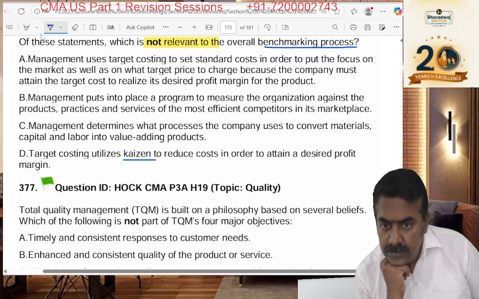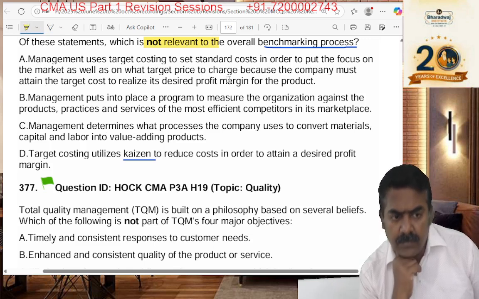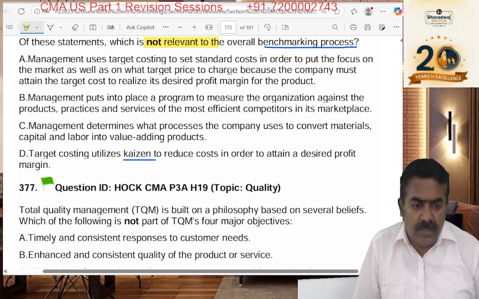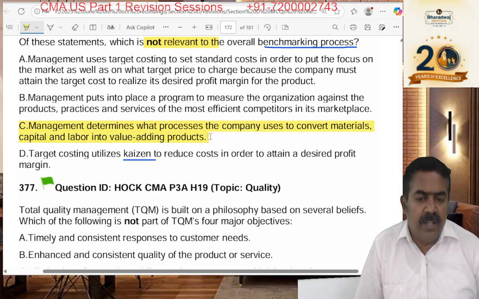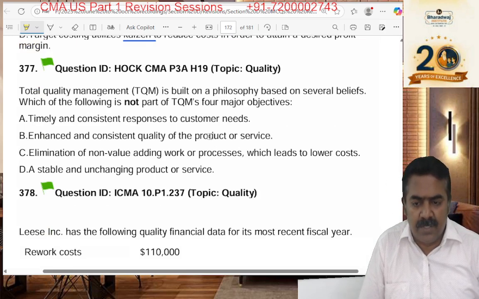Managing intervention. Right. Should be option C. It is talking only about the management's decision and not going with the world's best practices.